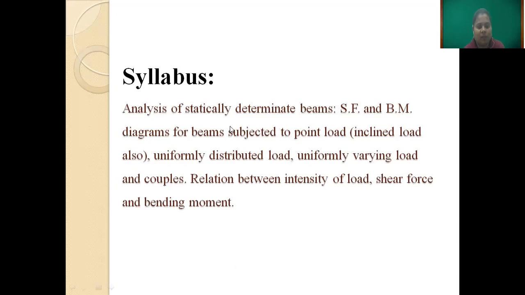For beams subjected to point load, in bracket, inclined load also.